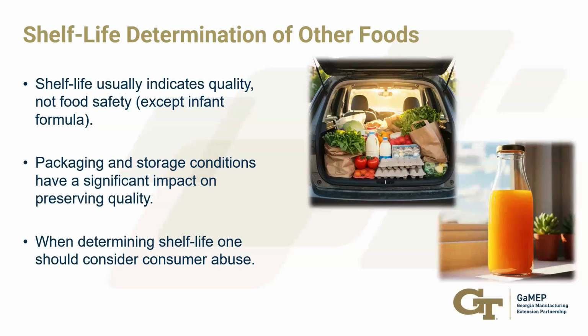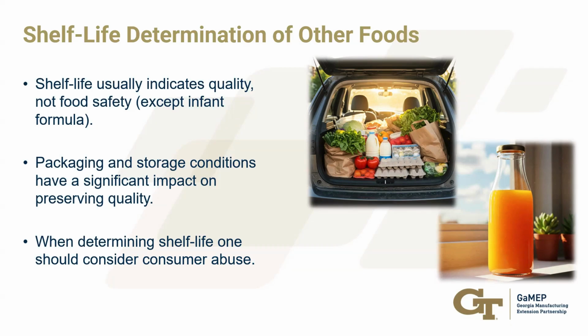So if your product is not meeting your desired shelf life, you might want to look at your packaging first to say, do I have this packaged in the right type of container to achieve the result I want? Sometimes you want your product to be breathable and be exposed to oxygen. Sometimes you want your product to not be exposed to oxygen to prevent oxidative rancidity. All of that is driven by the packaging type.